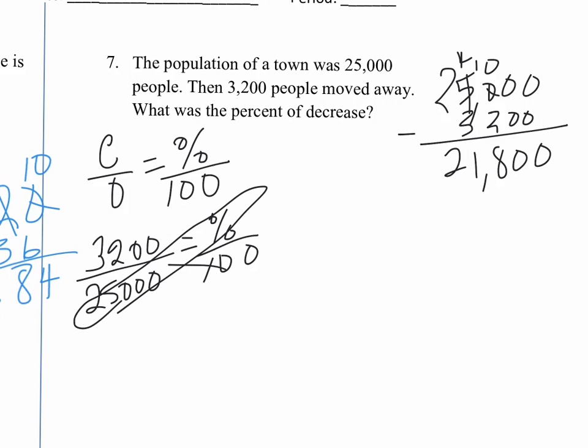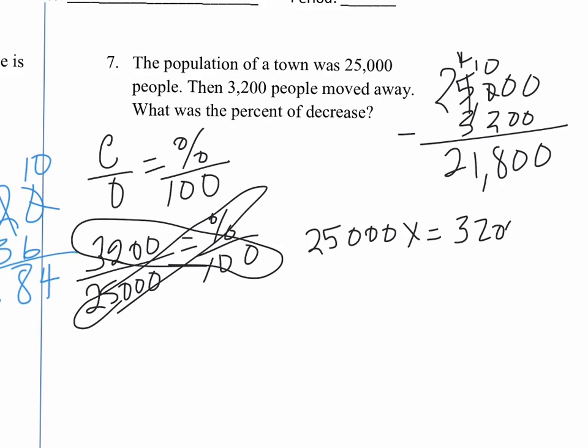This is where you use your cross products to solve the proportion. 25,000 times the percent, which is your x, that's what you're looking for, equal to 3,200 times 100. To get rid of the 25,000 on the left, you divide by 25,000, and whatever you do to one side, you do to the other.